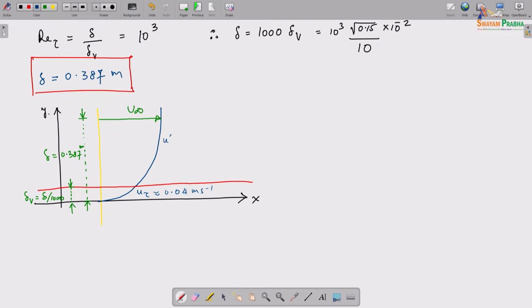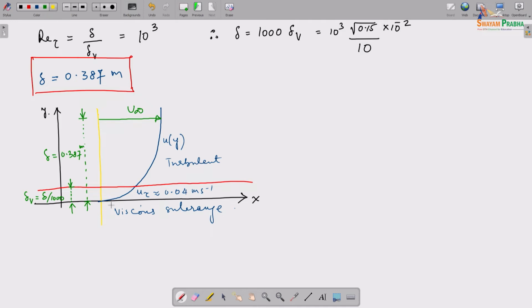Here of course it is U. Now this is the turbulent zone. This is a turbulent boundary layer, and this is the viscous subrange. You can say this is the viscous subrange.